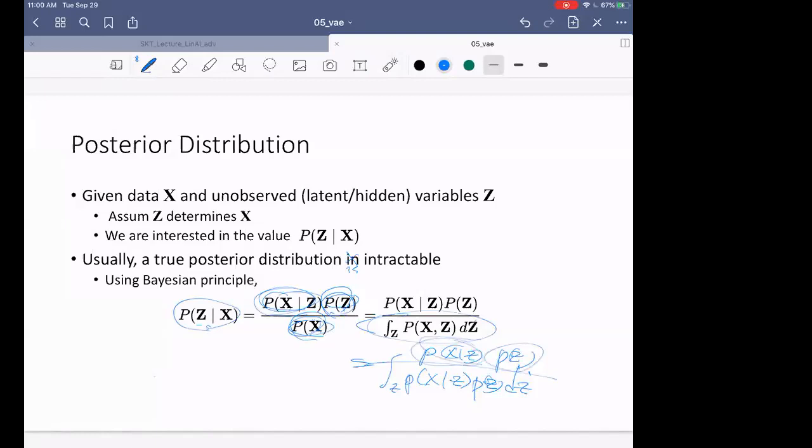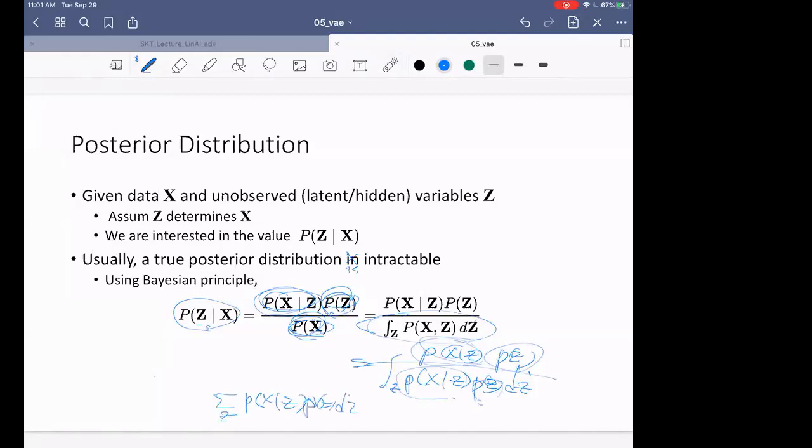So maybe you would wonder, if you already know the forms of these, you can probably calculate the denominator. And the problem is that for a very small z, like if you're talking about the multinomial distribution, then you can probably do that. If z is like a three-dimensional space, then it becomes not an integral but a sigma, because we're talking about discrete variables.